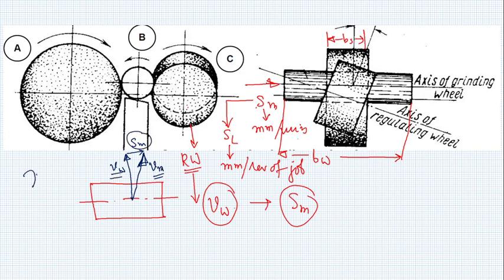And this is through feed grinding. One can also call it traverse centerless external grinding, whatever name you can use. However, we will simply call it through feed centerless grinding.